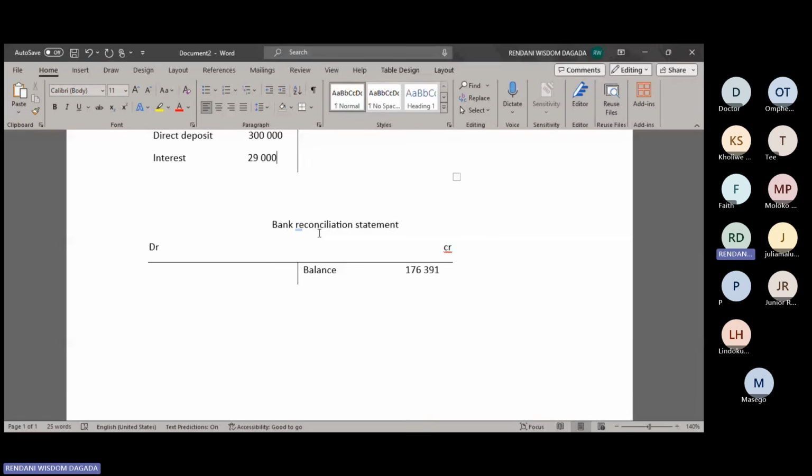We know that deposits are positive because money is coming into our possession. So under bank reconciliation, since these deposits are a positive, we're going to put them on the credit side. So we're going to say deposits totaling 35,000. Excellent. Then we continue.